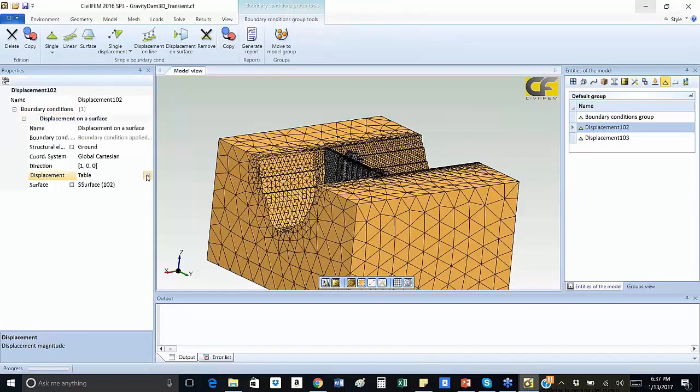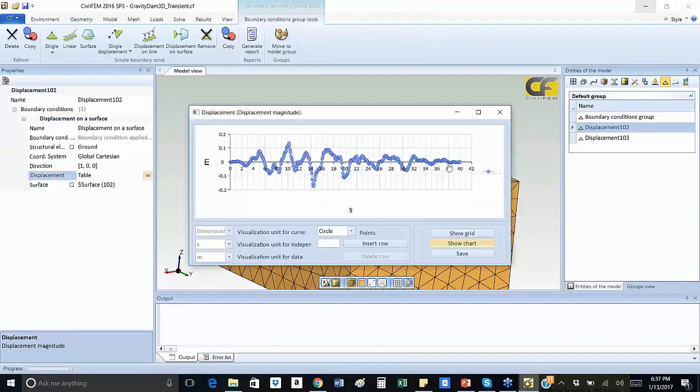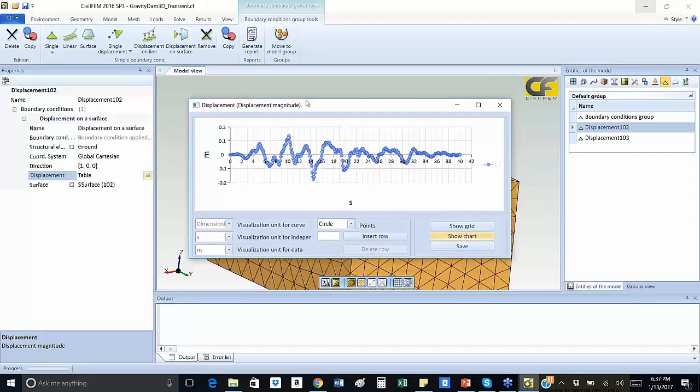In this model, we have imposed some displacements in 40 seconds. And this is the history of the displacement in 40 seconds.